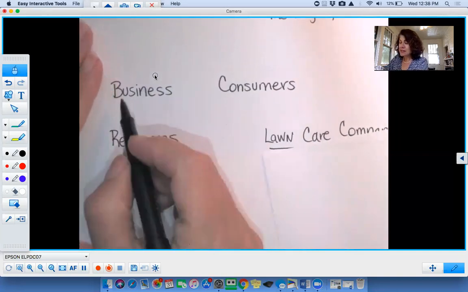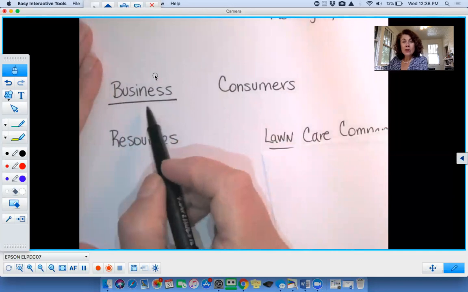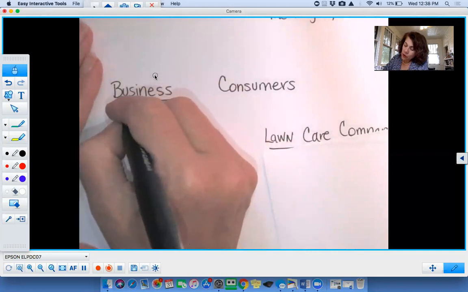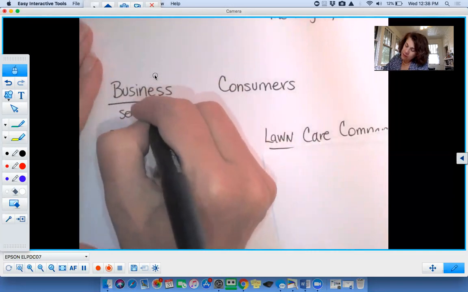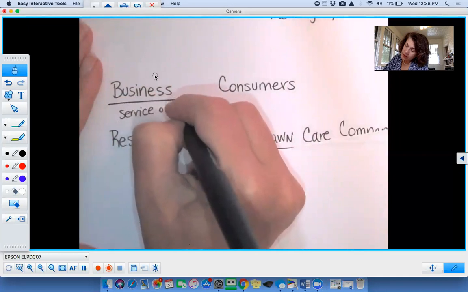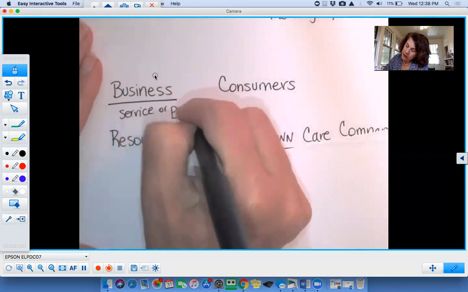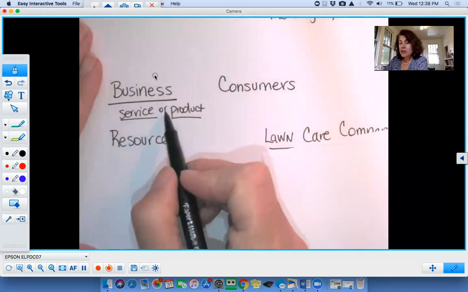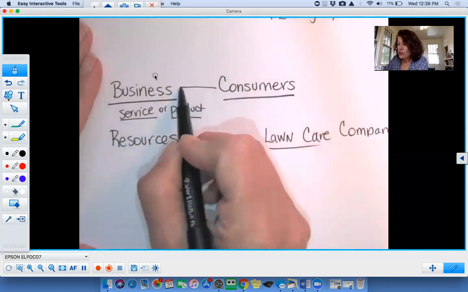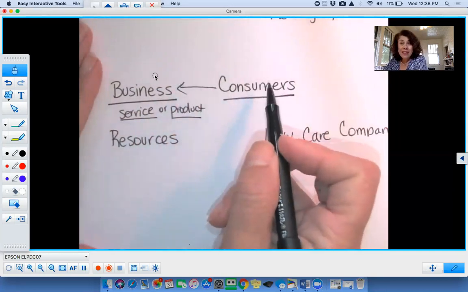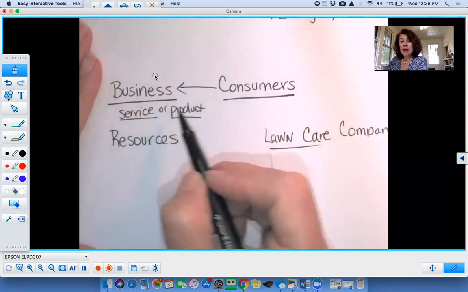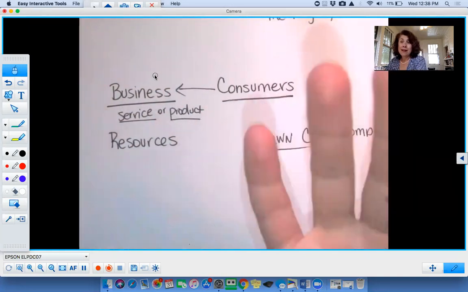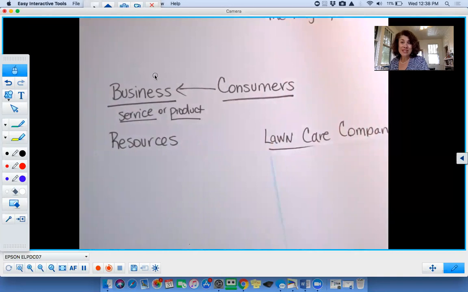Now, a business is going to either offer a service or a product. And consumers are going to go to that business to buy things, or they're going to call you to have a service done, like a tax service or a loan service.